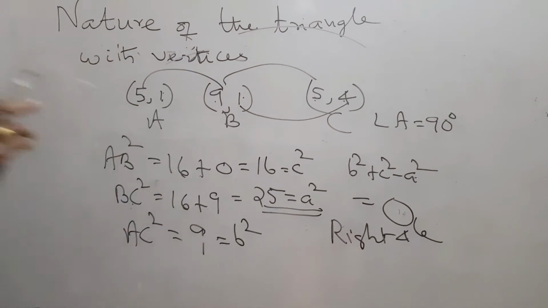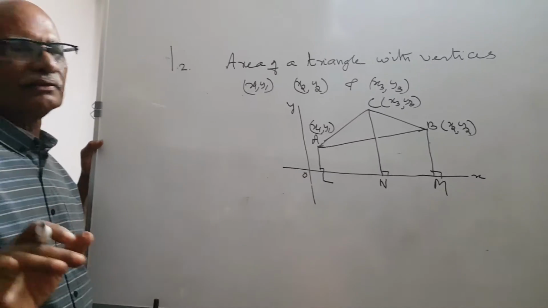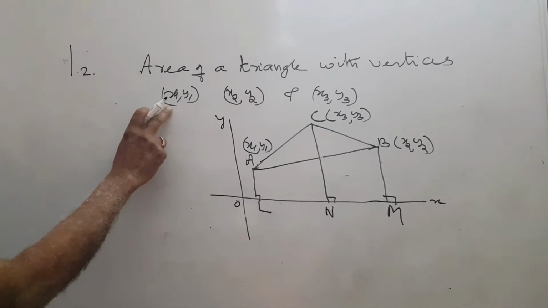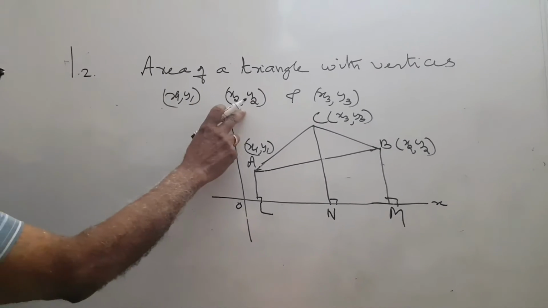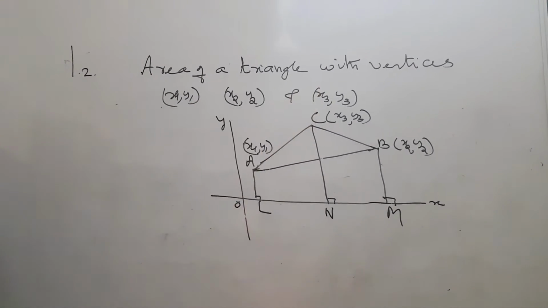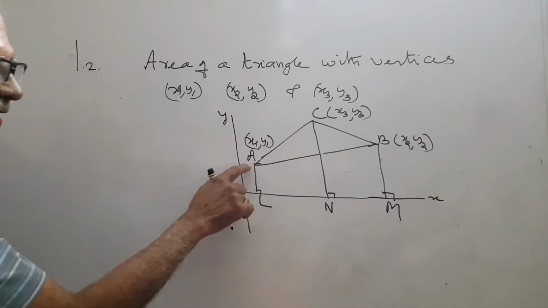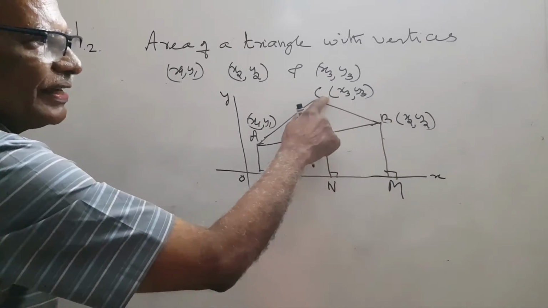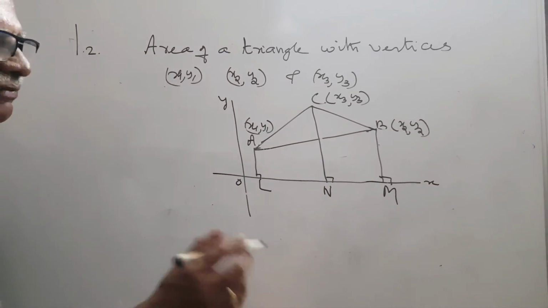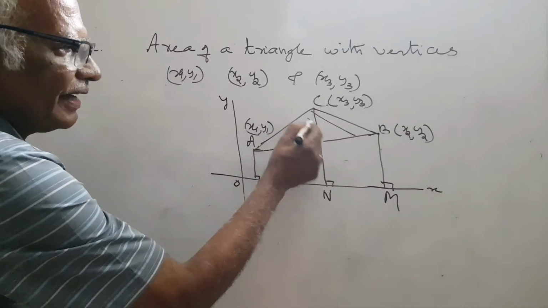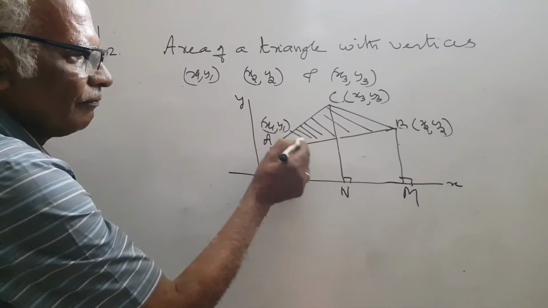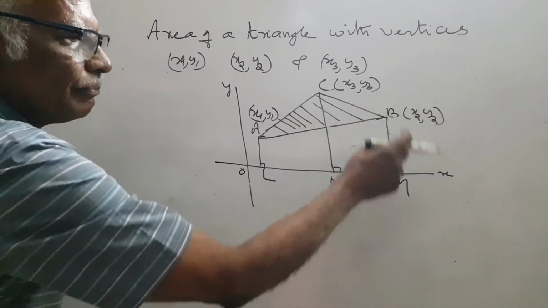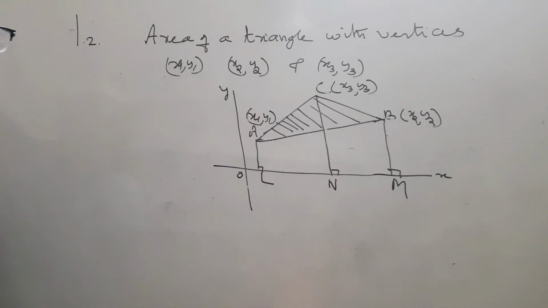This is the idea. Next we consider the area of a triangle with the vertices (x1, y1), (x2, y2) and (x3, y3). The figure: A (x1, y1), B (x2, y2), C (x3, y3). We require the area marked like this. Now we drop perpendiculars AL, BM and CN.